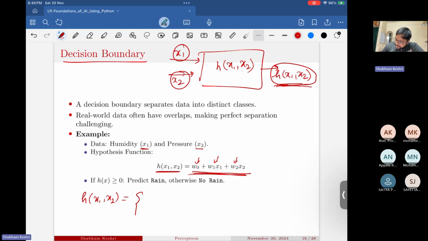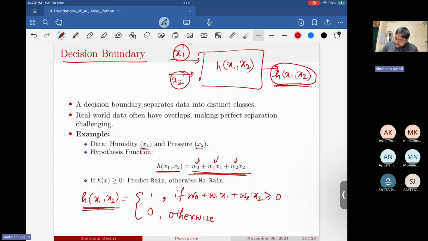This function will be either 1 or 0. We can say 1 means rainy and 0 means not rainy, or we can say it the other way around. So how is this function defined? If w0 plus w1 x1 plus w2 x2 is greater than or equal to 0, then h of x1 comma x2 is equal to 1, and 0 otherwise.